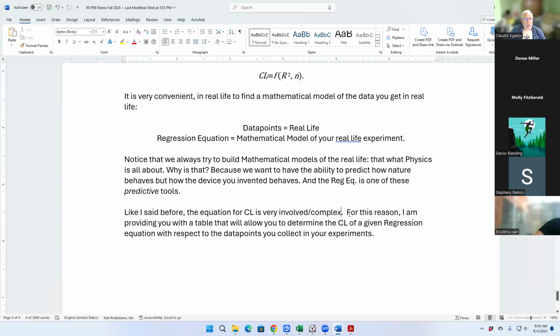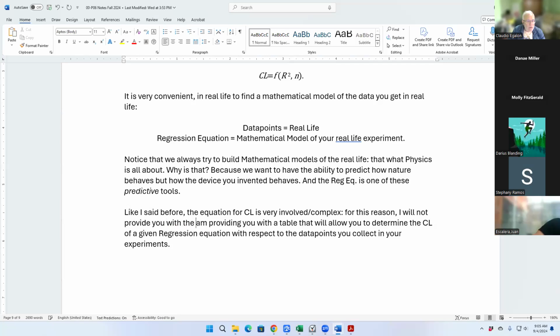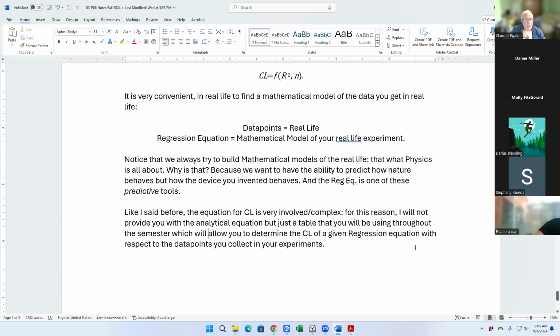For this reason, I won't provide you with the analytical equation, but just a table that you will be using throughout the semester, which will allow you to determine the CL for a given regression equation and R square value with respect to the data points you collect in your experiment, okay?